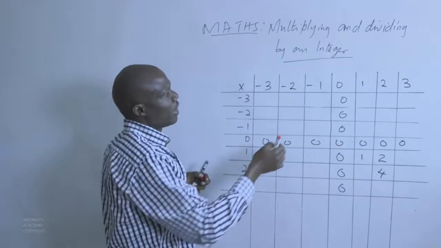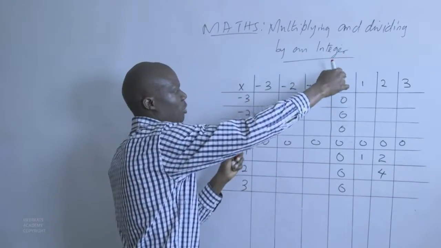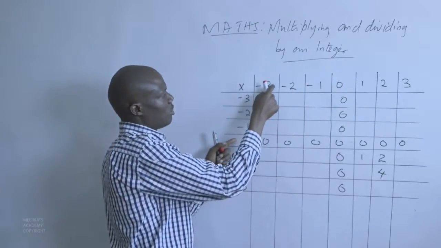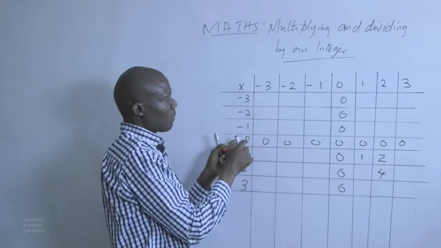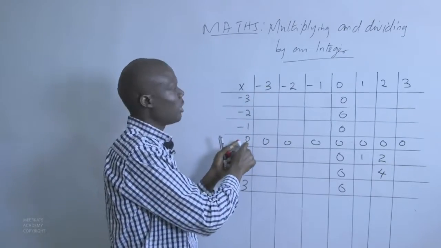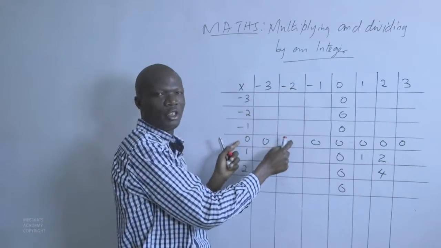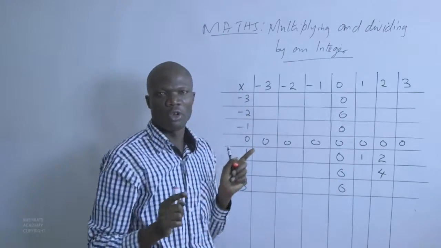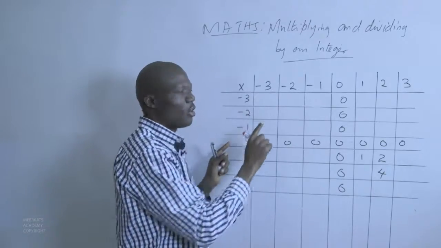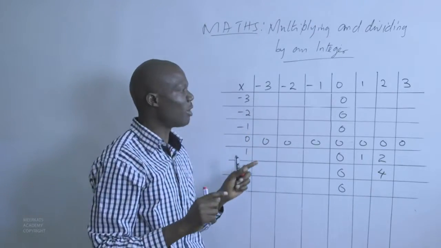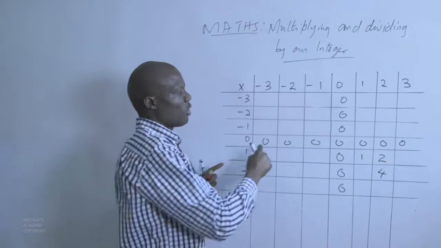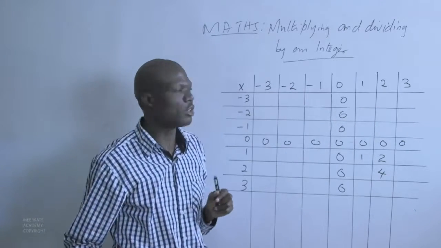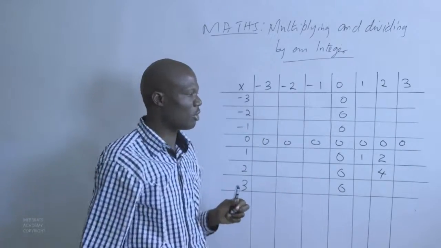For example, 0 times 0 gives you 0. 0 times negative 3 is 0. 0 multiplied by negative 2 is 0. 0 multiplied by 1 is 0. So 0 multiplied by any number will always give us a 0. That's why we have this horizontal row with zeros and this column also with zeros.